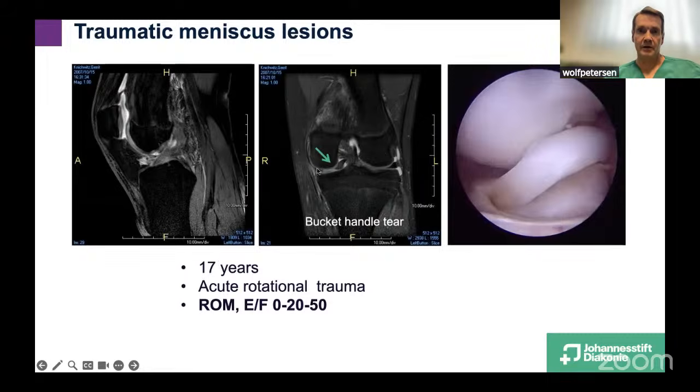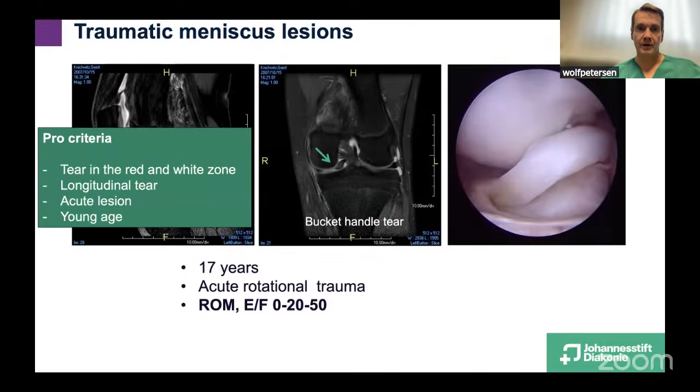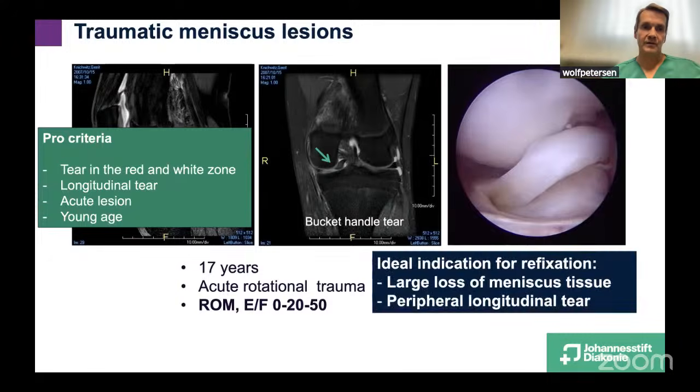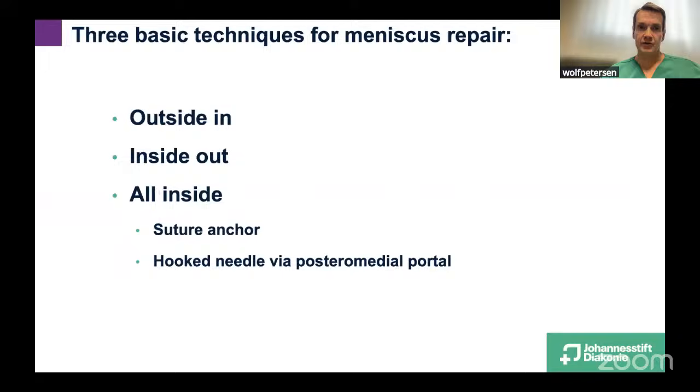He has a peripheral meniscus injury with a tear in the red-white zone, a very large meniscus fragment, and good tissue quality. So this case would also be an ideal indication for performing meniscus repair. In this case, we have no contraindication criteria. So, ideal indication.